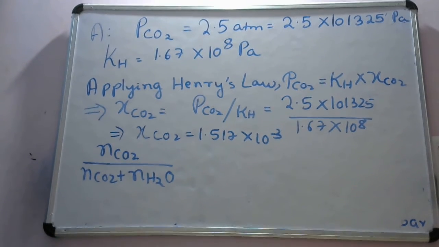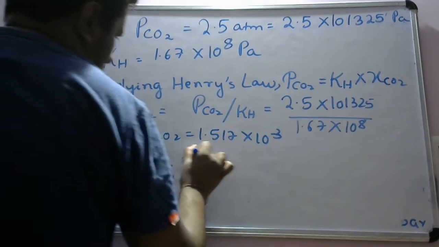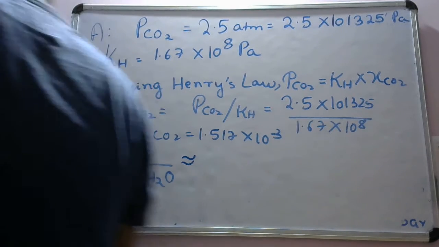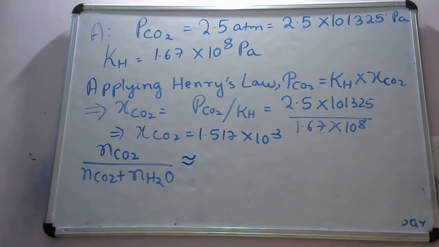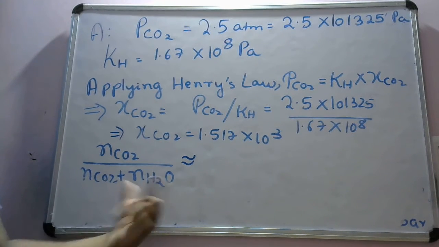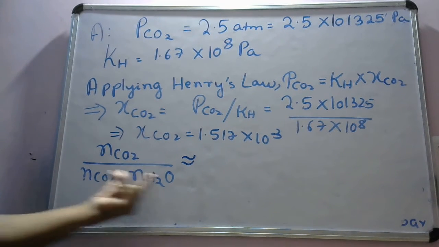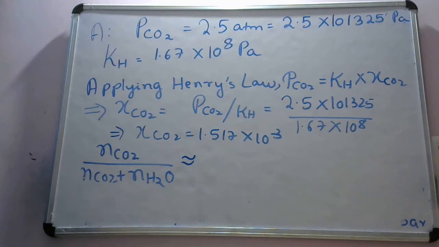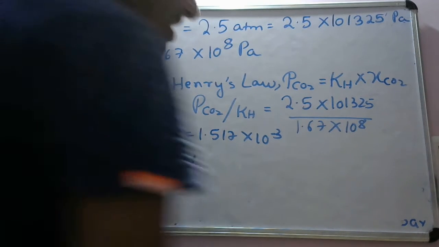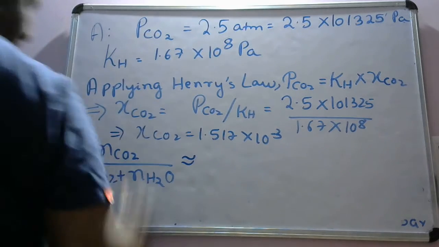Now, since the mole fraction of CO2 is very less, we can assume that the number of moles of CO2 will also be less compared to the number of moles of H2O. We conclude it from the mole fraction value, since the mole fraction is very less.